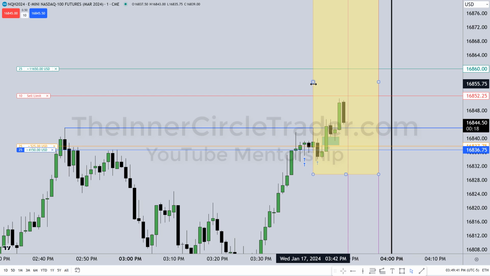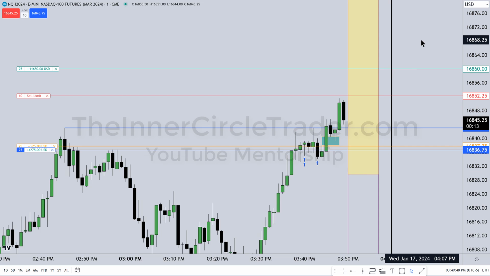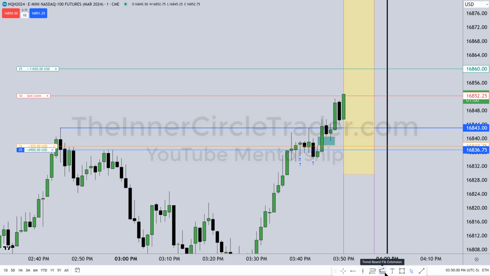Take this shaded area over here. So focus on what it does right here inside that shaded area. That's the element of time. Trade down to an order block here. And retail sees this as, oh, it's topping, and go short. Let's see, what do I want to do here? The little line thing's what I want, sorry.